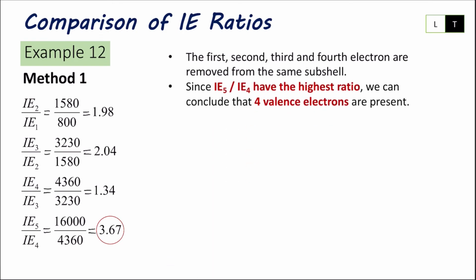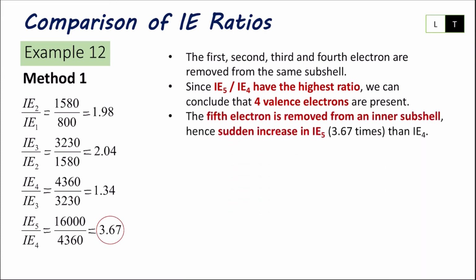And since IE5 over IE4 has the highest ratio, we can conclude that 4 valence electrons are present. And the fifth electron is removed from the inner subshell. Dalam kes ini adalah inner core. Hence, sudden increase in IE5. How much is the increase? It is 3.67 times than IE4.